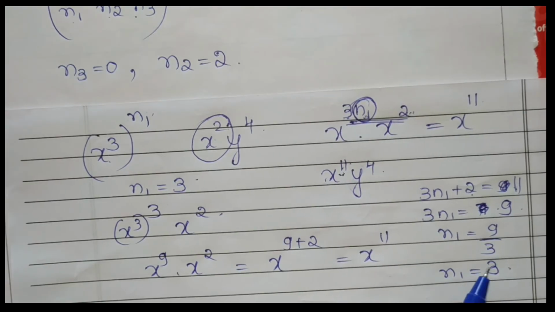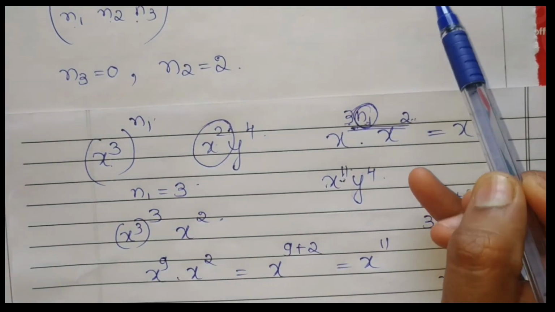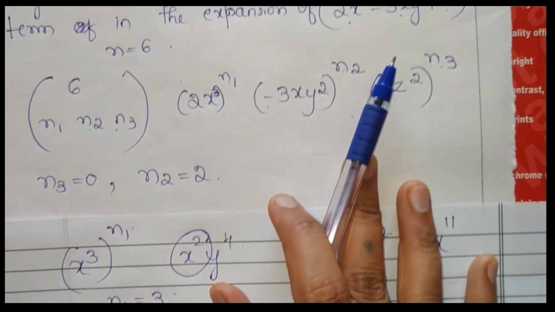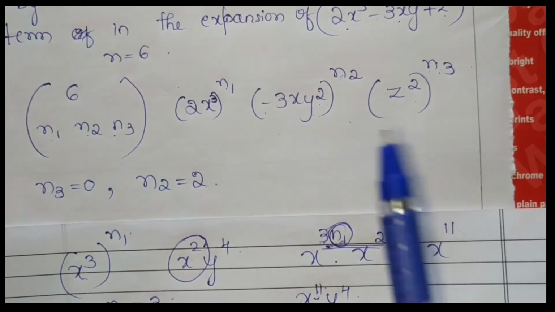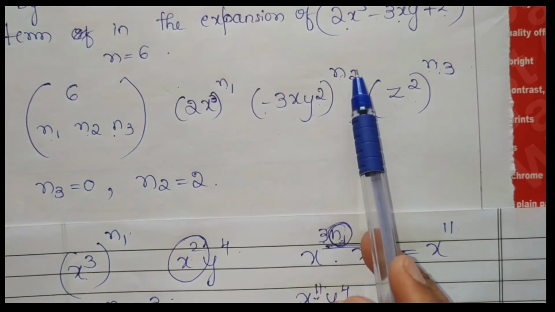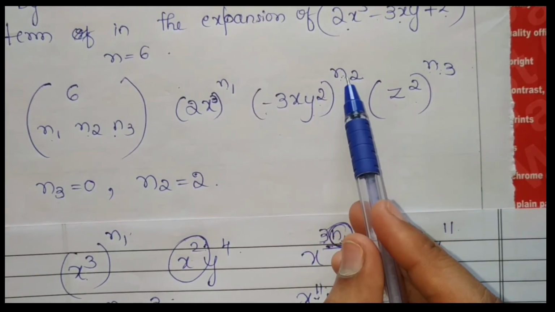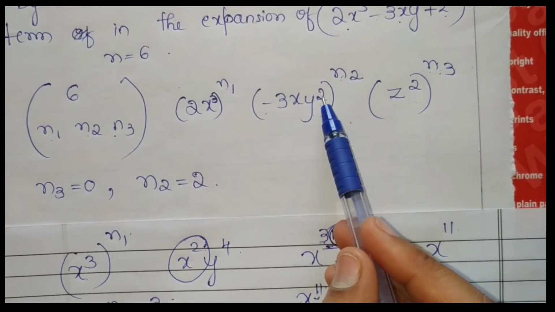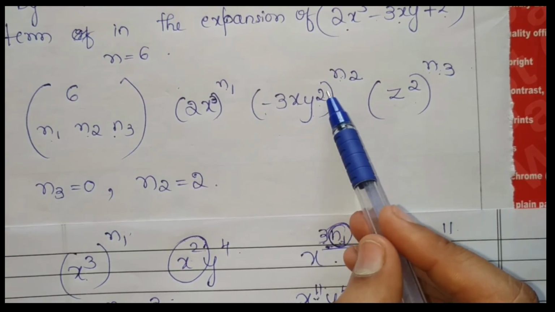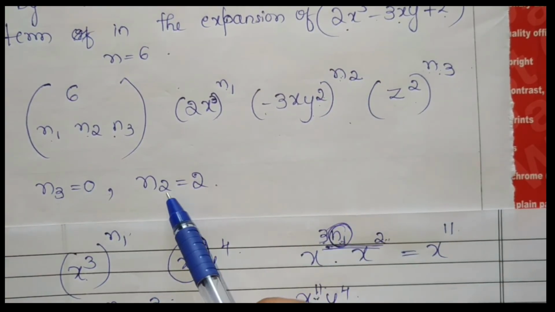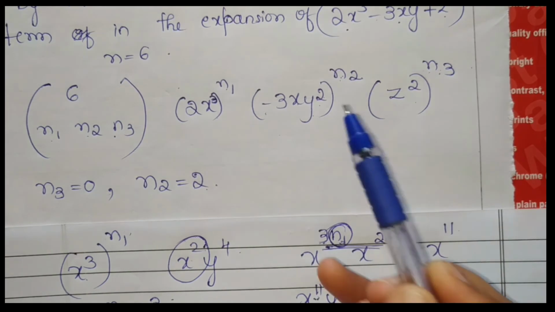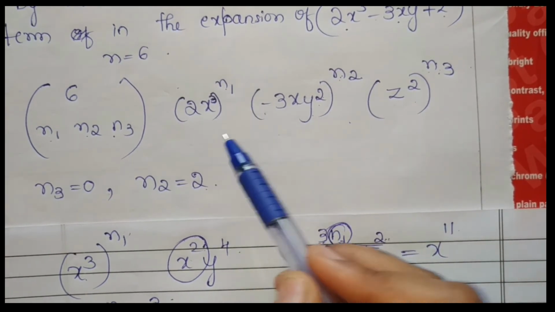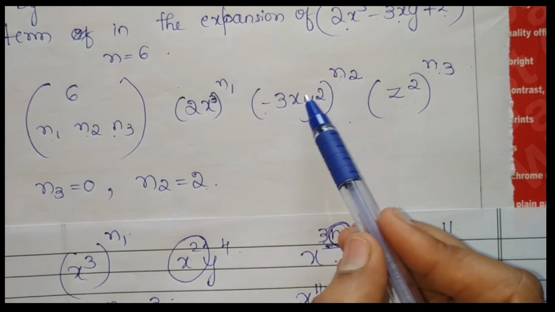So this is how you can choose. First, I don't need the z term. Okay, that's why I have taken n3 as 0. Next, clearly I want y raised to 4. That's why I have chosen n2 as 2, because here y raised to 2 is there. So 2 into 2 becomes 4. That's why I have taken n2 as 2. Okay, so next I have to choose n1. So here I already have x square.